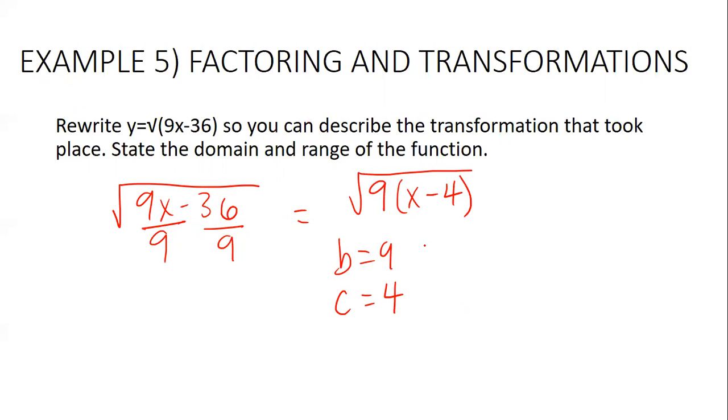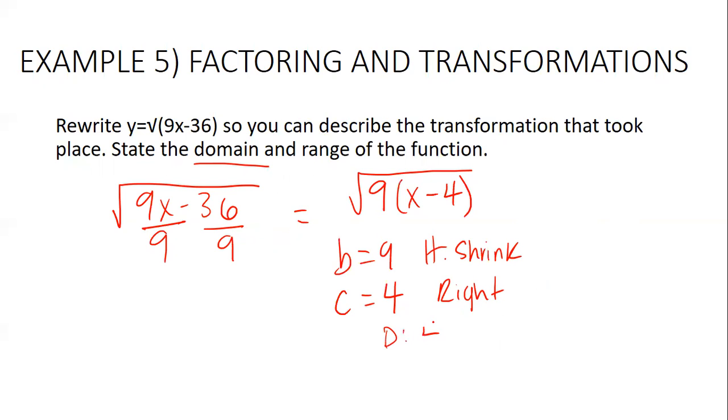Because B equals 9, that's a horizontal shrink. And since C equals 4, that's a horizontal translation. Which way did we go, left or right? Right. Okay, and because there's a C value, my domain is changed.